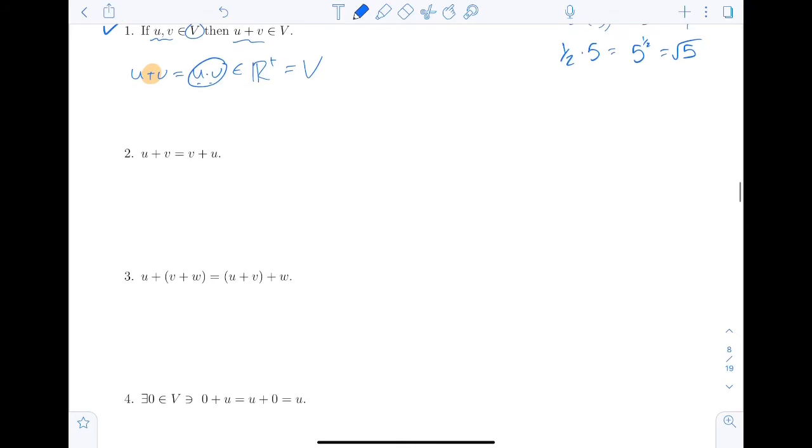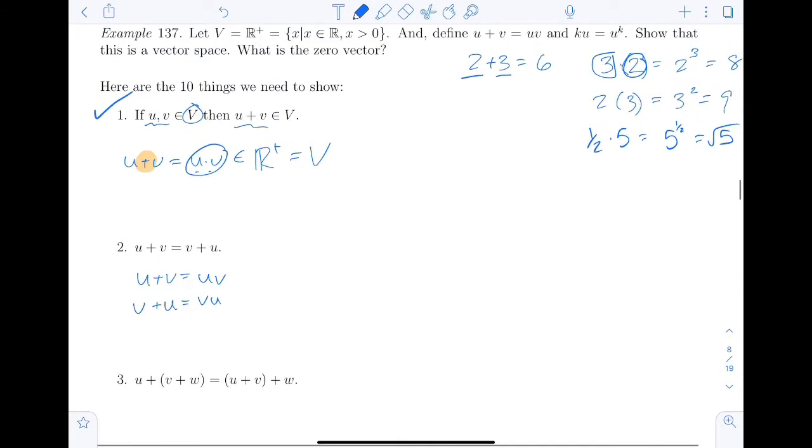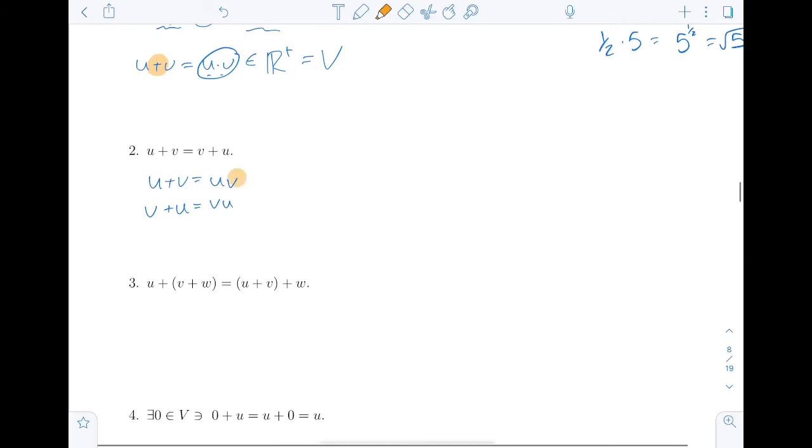How about addition? Is it commutative? What is u plus v? That's uv. What is v plus u? That is vu. Now, remember, I said over here 3 times 2 and 2 times 3 are different, but this is my fancy multiplication. These are not fancy.